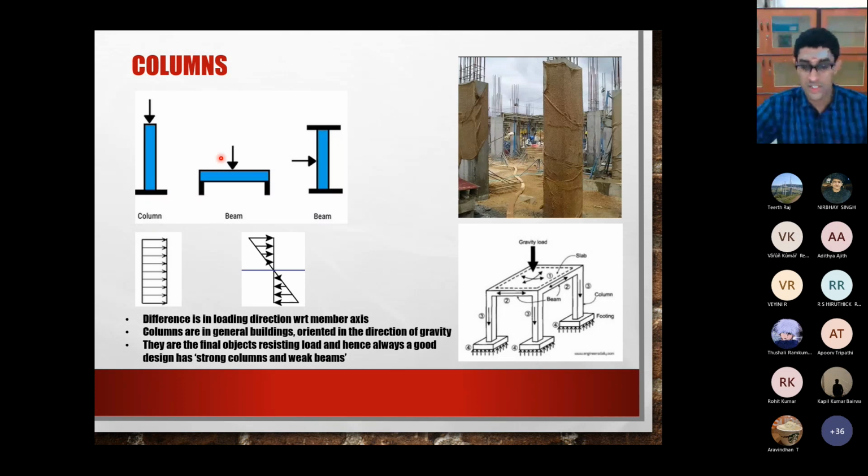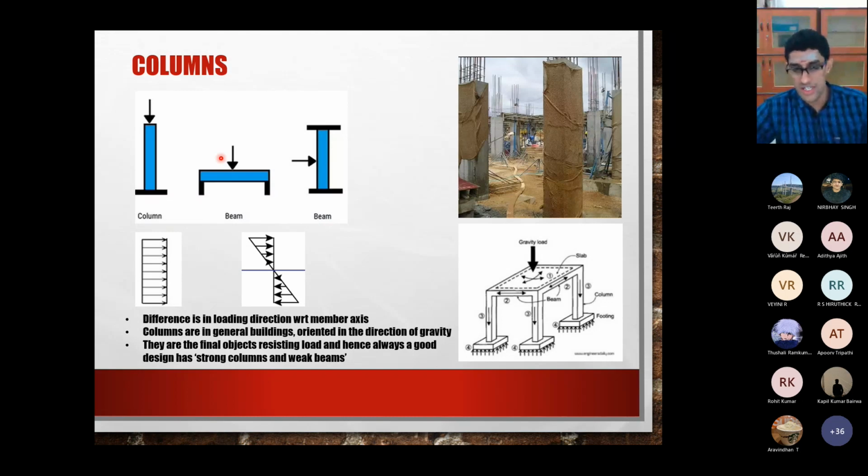But that is only the ideal definition. There are cases where a column can take moment in addition to a compressive force, and a beam can undergo a lot of bending but sometimes also have axial forces. In these situations, we call them beam columns.